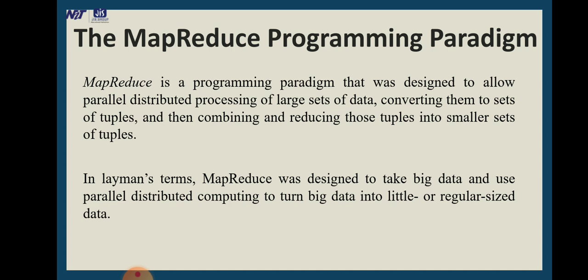The key-value pair is the record entity that a MapReduce job receives for execution. MapReduce is a programming paradigm that was designed to allow parallel distributed processing of large sets of data, converting them to a set of tuples and then combining and reducing those tuples into a smaller set of tuples.